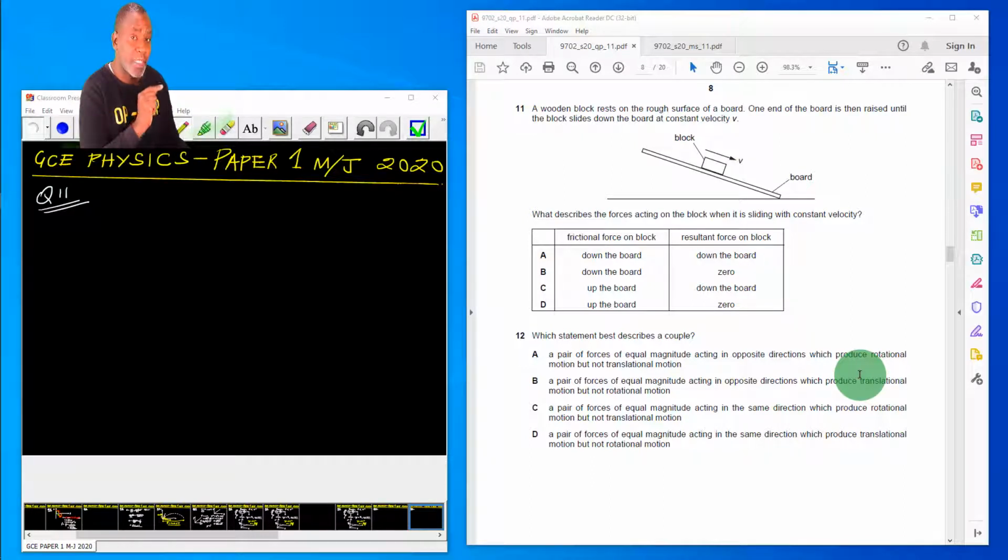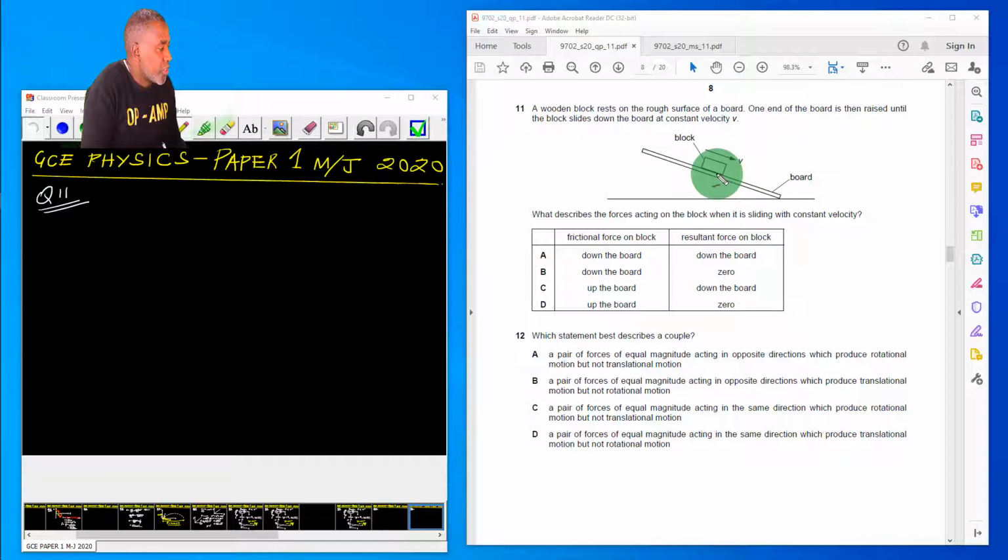This question requires us to look at the choices given because there are so many things we can say about an object which is sliding down an inclined plane which is rough and has constant velocity. First of all, we can consider the forces acting on that block.